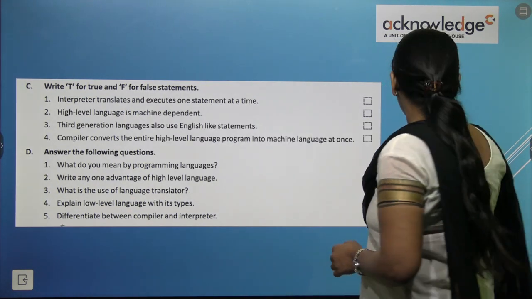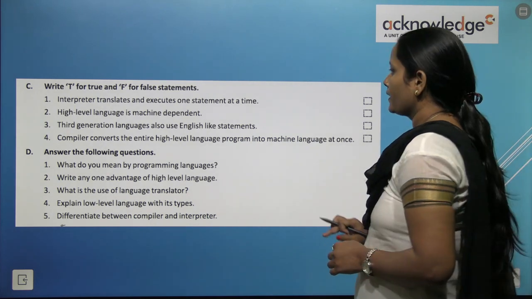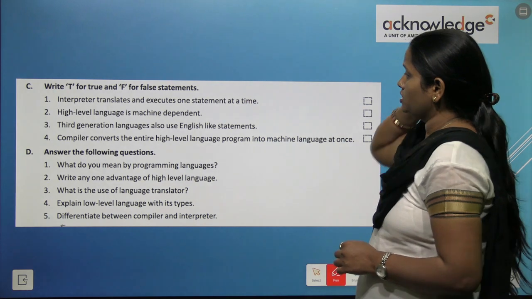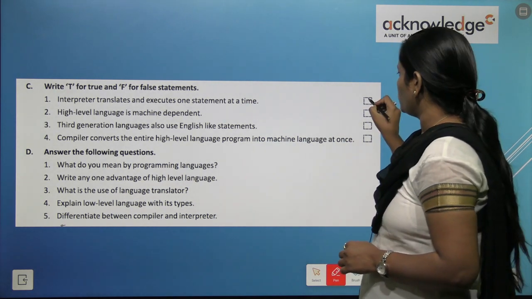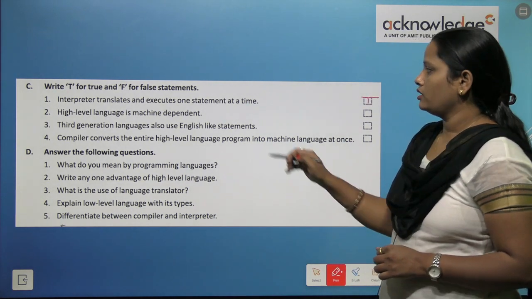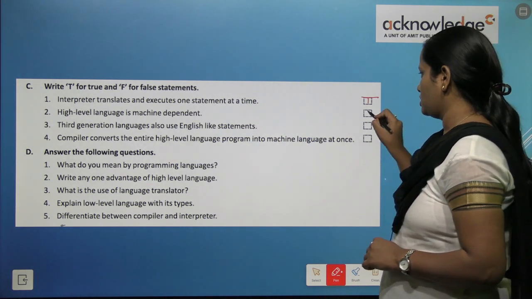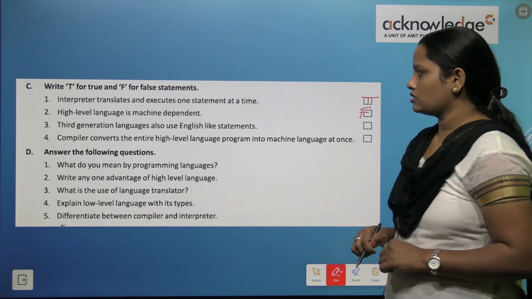Next come to true and false. Interpreter translates and executes one statement at a time. So yes, this is true. High level language is machine dependent. No, this is false.